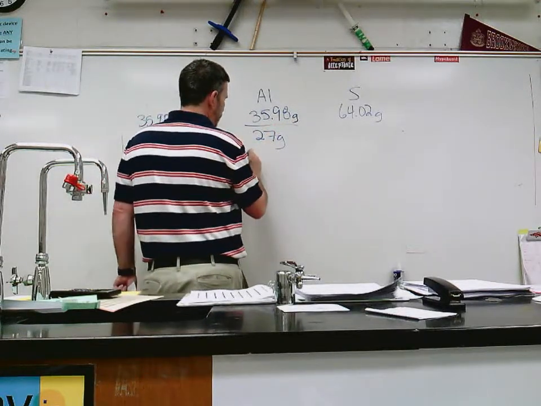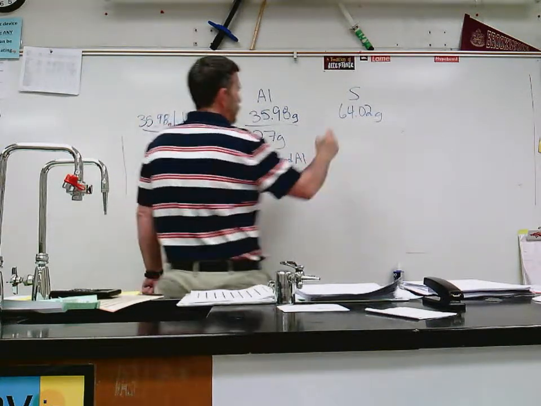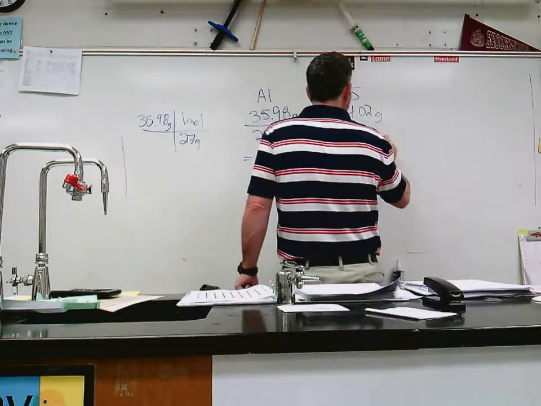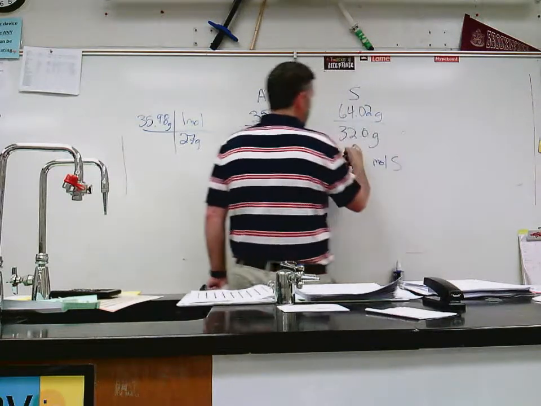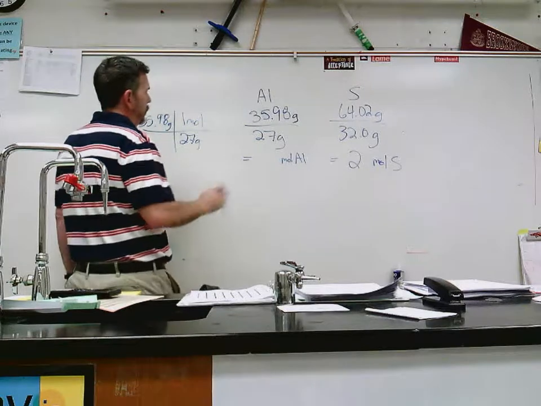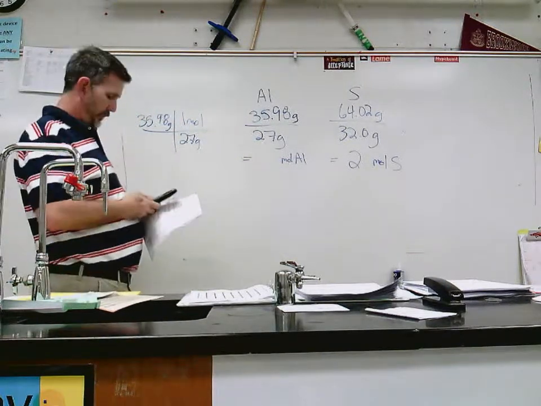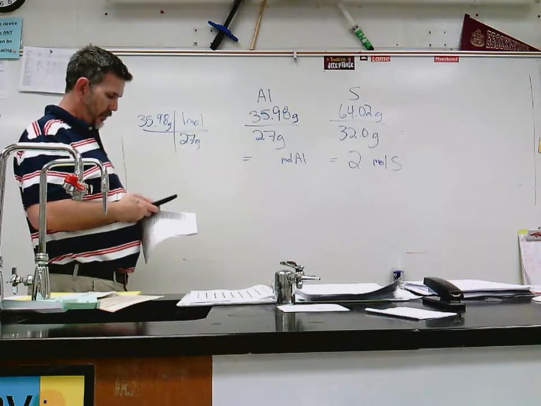And that's going to give me moles of aluminum, right? And I'm going to divide sulfur by 32 grams. And that's going to give me moles of sulfur. And I can tell you this already, it's 2. 64 divided by 32 is 2, or 1. And this one I actually have to go to the calculator. 35.98 divided by 27 equals 1.33.